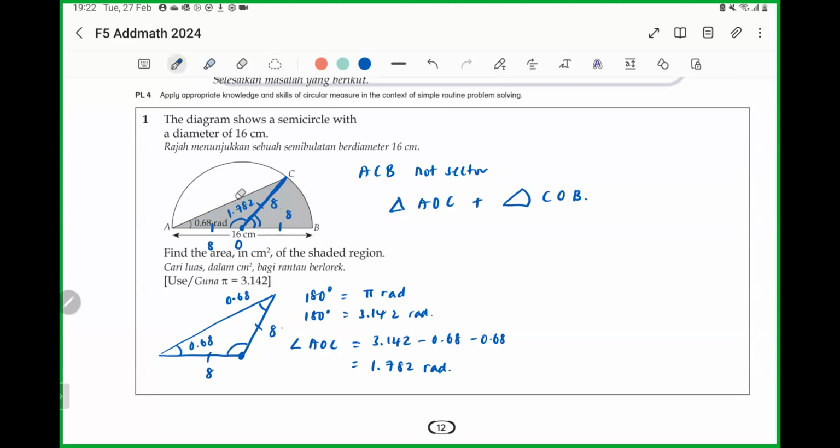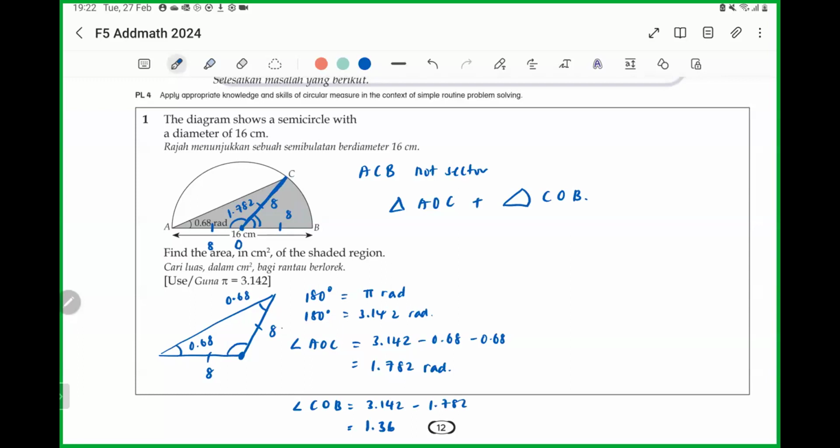So angle of COB will be equal to 3.142 minus 1.782. So you will actually get 1.36 radians. Final needs to be in radians.